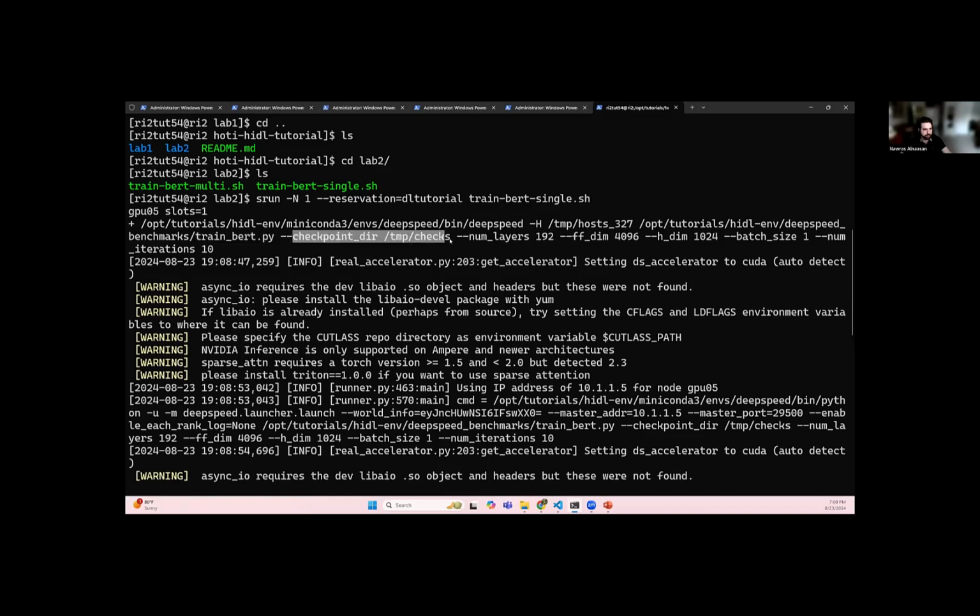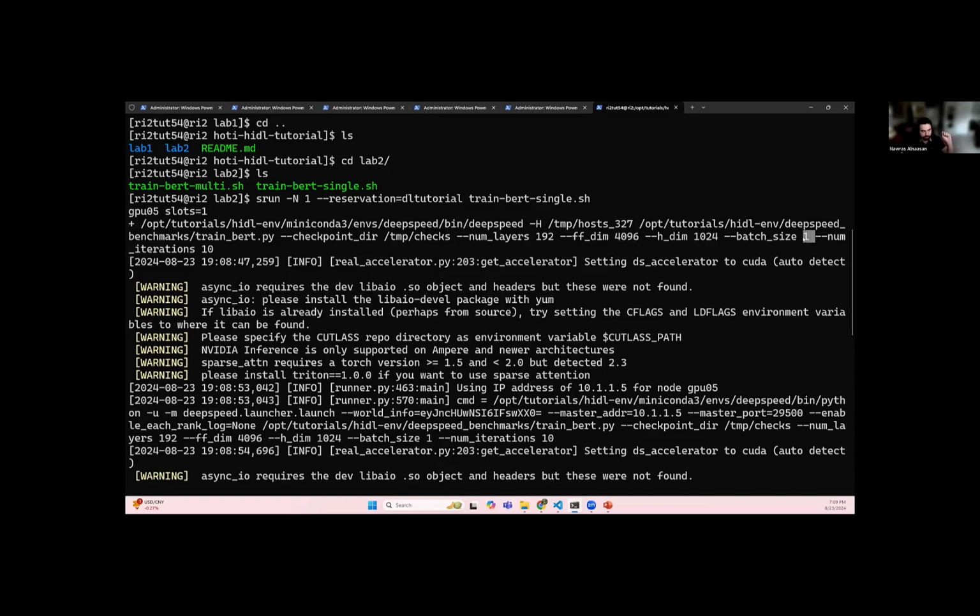We're checkpointing, so we're trying to save the model after a couple of iterations. This is the size of the model: we have 192 layers, so this is how deep the model is. And this is the feed-forward network dimension, the hidden dimension.